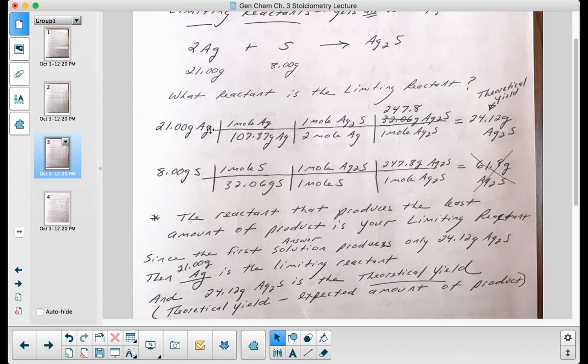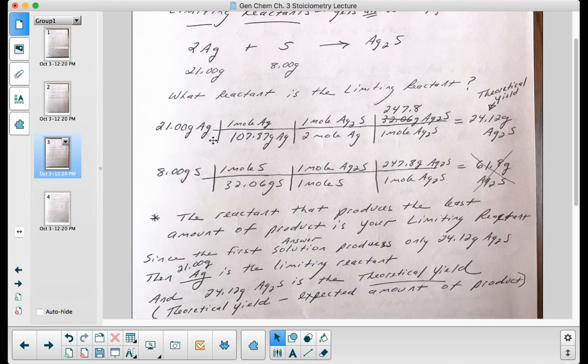So in this case, the 21 grams of silver is the limiting reactant. And so I've crossed this number out. I'll never use it. It's just calculated for your analysis sake. So if I made the mistake of saying this is limiting, what I'm effectively saying is that the reaction is going to continue even once all of my silver is used up, which is virtually impossible, right?